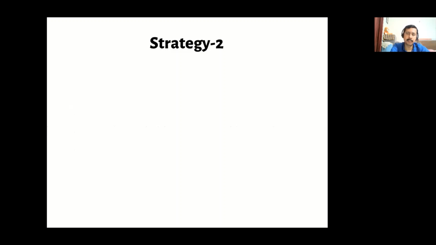Strategy 2 holds good for scenario 2. Scenario 2 is when you are ready with the full article or at least a title and an abstract.